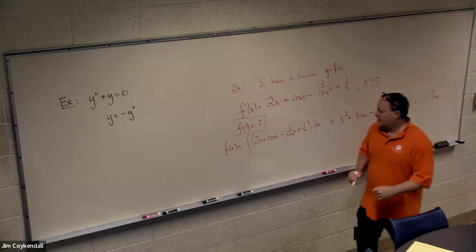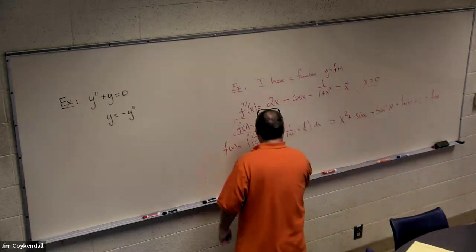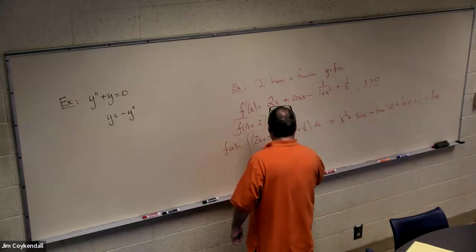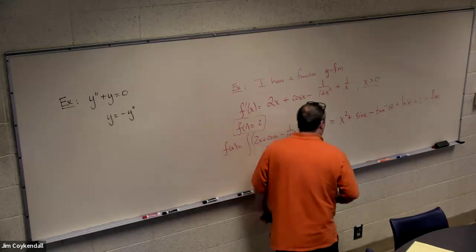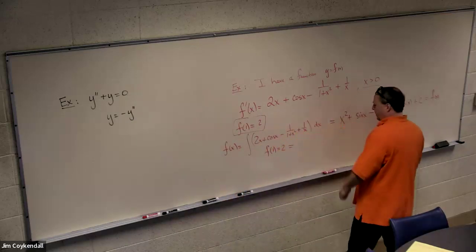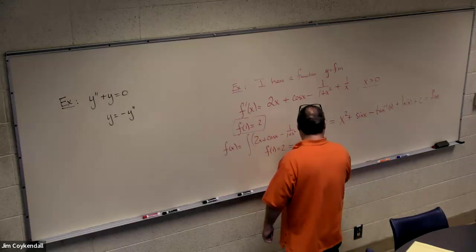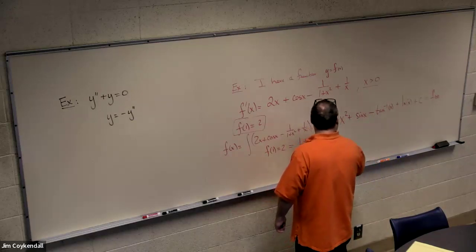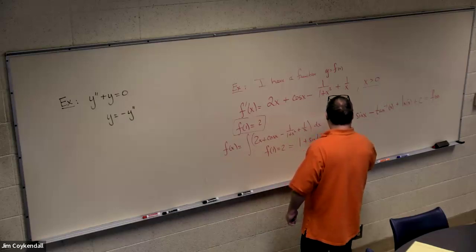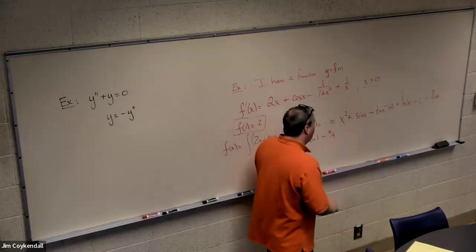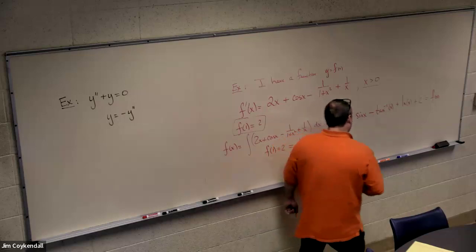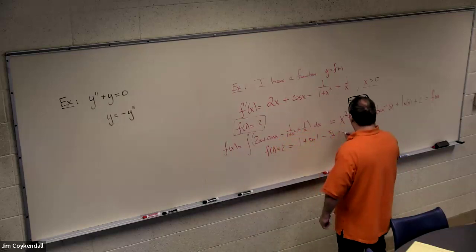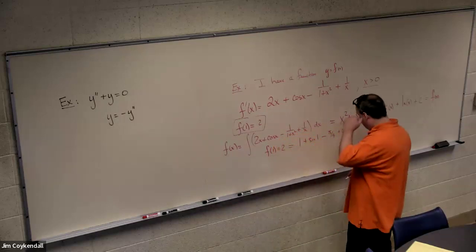If I plug in f of one, I should get two, but I also should get what I've plugged in here, which is one plus sine of one minus inverse tangent of one, which is pi over four, and log of one is zero, plus c.